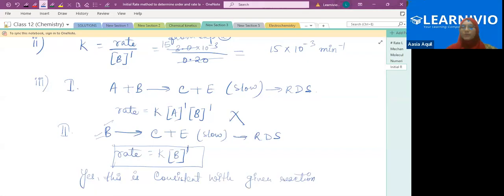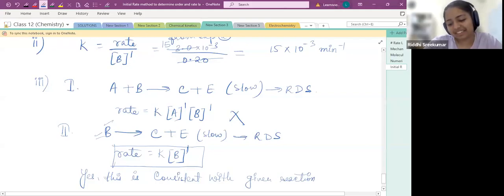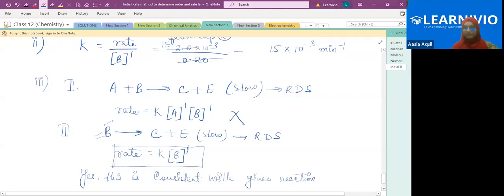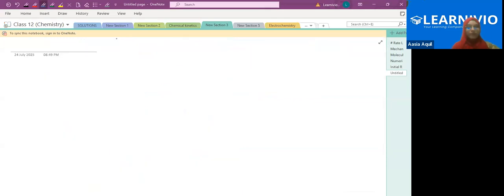Okay, we still have 10 minutes, so we can jump into the zero order reaction. We will discuss basically the derivation, starting with the integrated rate law.